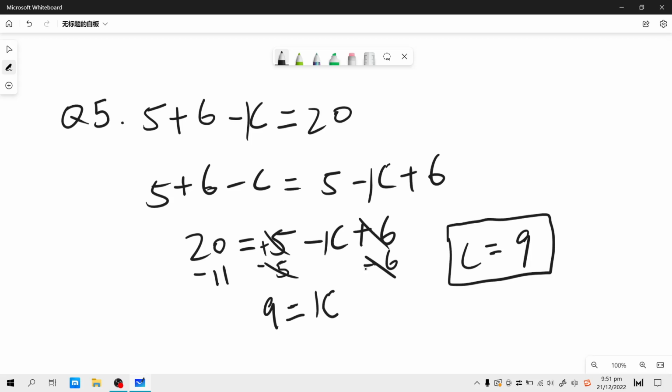Positive 6, make it 0, minus 6, cancel it out. In total, we minus a total of 5 plus 6 equals 11. So we minus 11 here. We also need to minus 11 here to make it balanced, to make it equal. So 20 minus 11, simple, equals 9. So you have a lonely c over here. Paste it here. So you can just see that c equals 9, or 9 just equals 1c.